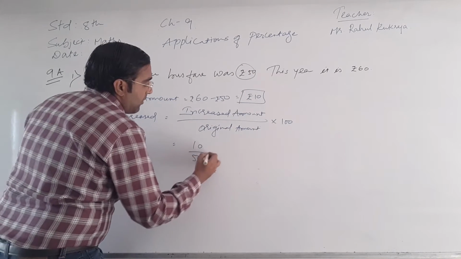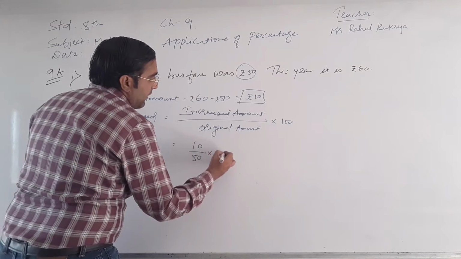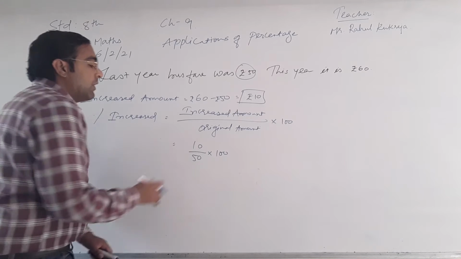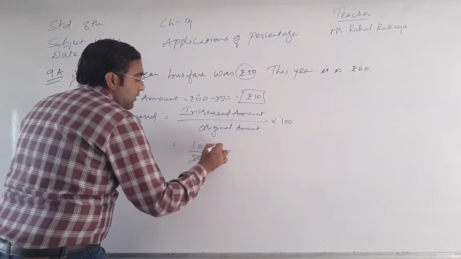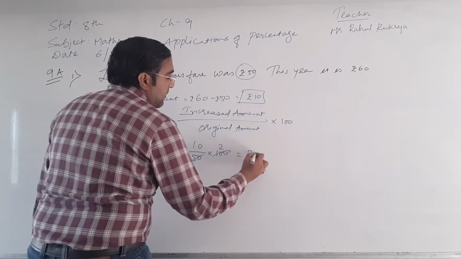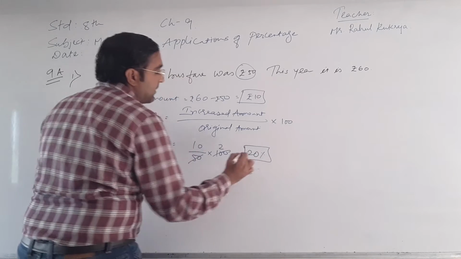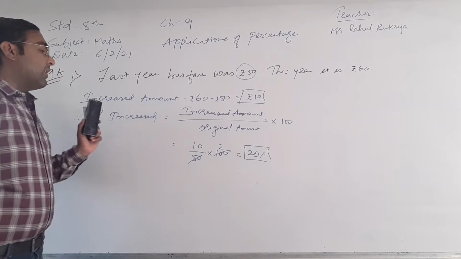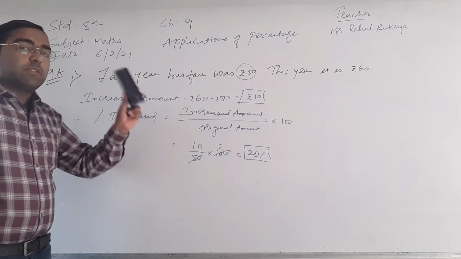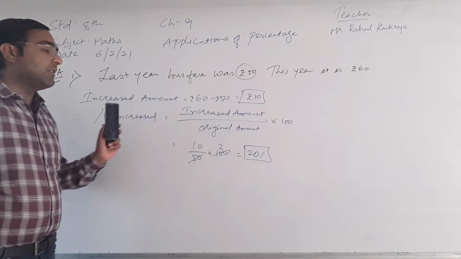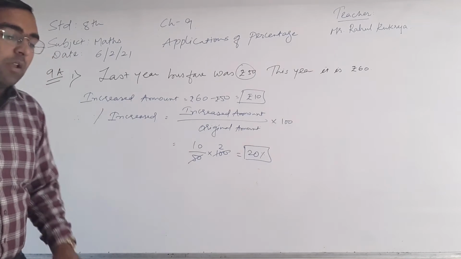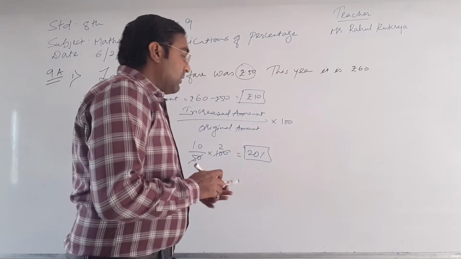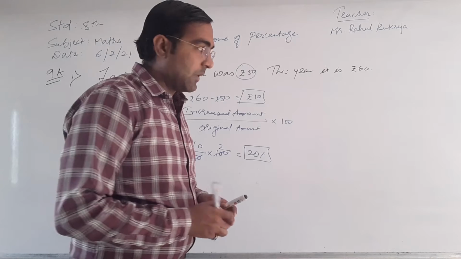So 10 upon 50 into 100. 50 twos are 100, 10 twos are 20. So it will be 20%. So the increase amount is ₹10, and the percentage increase is 20%. How much is the fare increased? It is 20%. Clear?